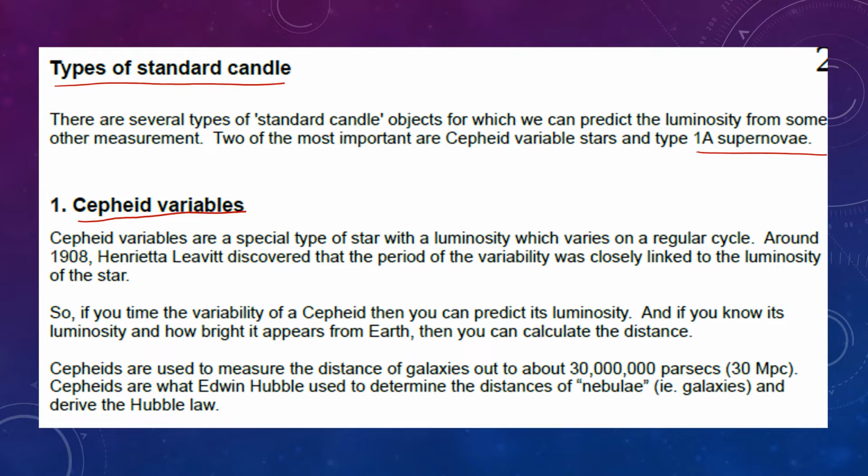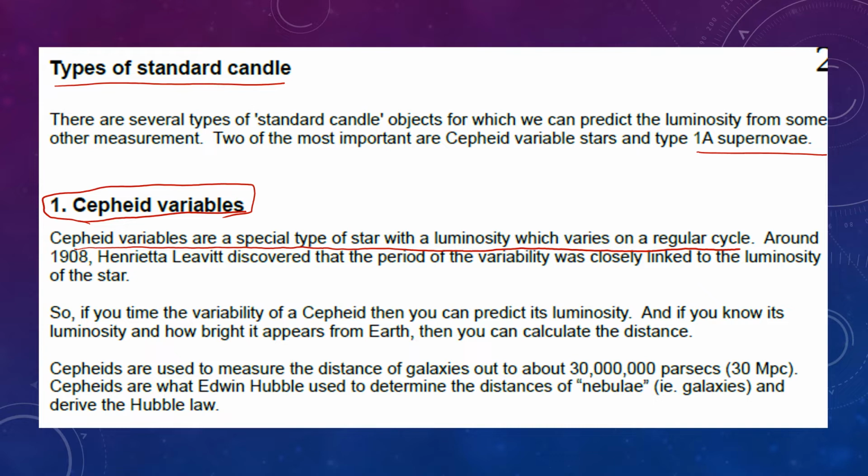So Cepheid variables and type 1A supernova are actually examples of the standard candles, and these are the objects which have known values of luminosities. Okay, so let's first look at the Cepheid variables. The Cepheid variables are a special type of star with a luminosity which varies on a regular cycle. Their luminosity keeps on changing, but their time period of changing is linked with the amount of luminosity.